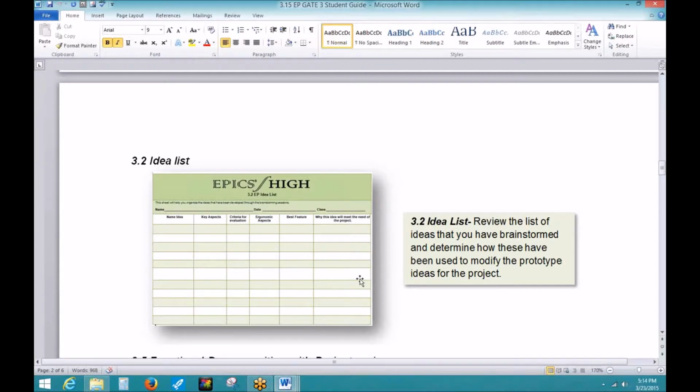So the idea list really starts to put it together. And then there's also another part about putting in their best features. If there's an ergonomic piece that is helpful, that's another part that they can put in with their idea list. So, kind of working through that. Okay.